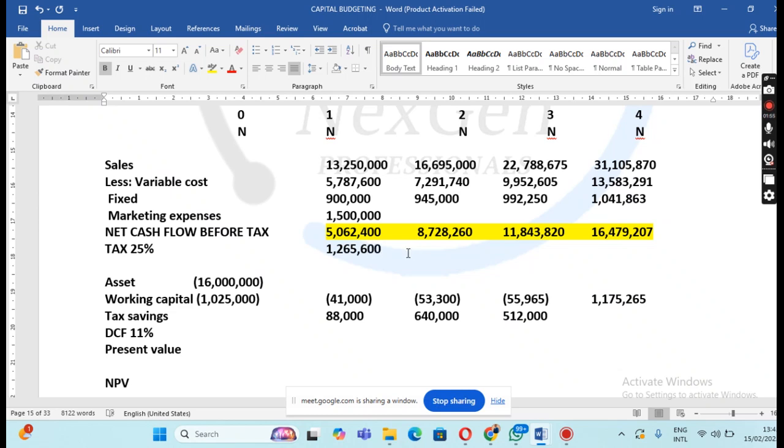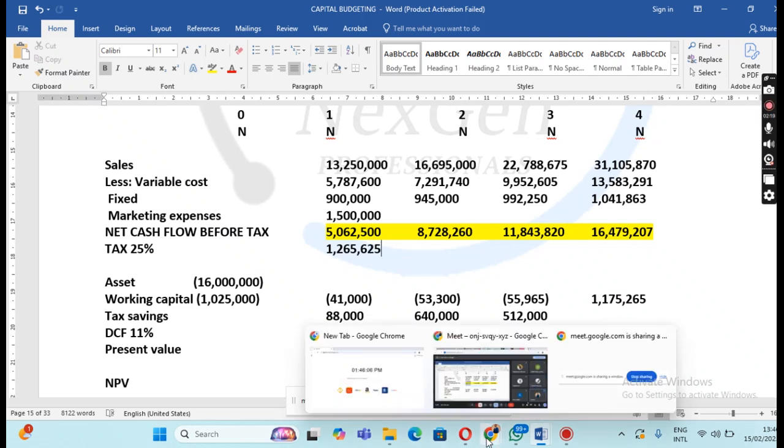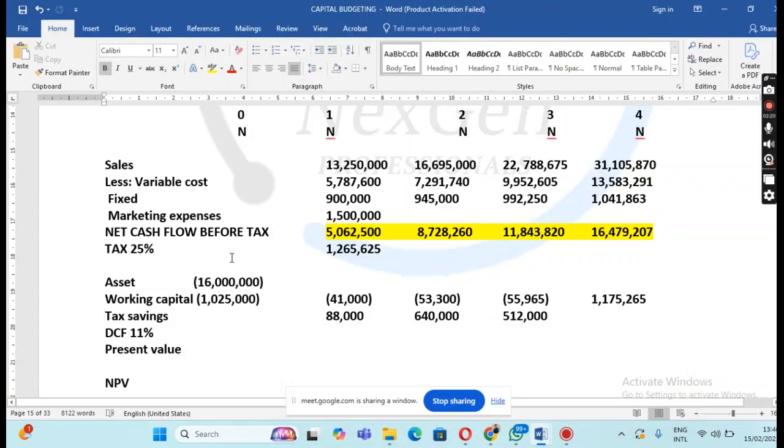This one is 500 now. 25% of 2,062,500, is it 400 or 500? 500. So what do we have now? 625. Madam, please, can you confirm? Yes, it's fine.